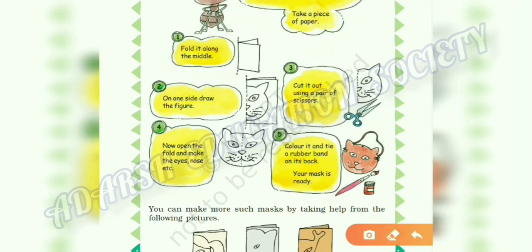Now fourth step, open the fold and make the eyes, nose, etc. In this picture we can clearly see they make the eyes, nose, etc. Now next, fifth and last step, color it and tie a rubber band on its back. Your mask is ready. Here in the fifth step, the mask is ready.